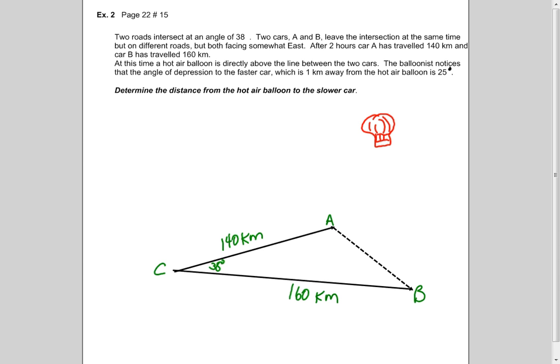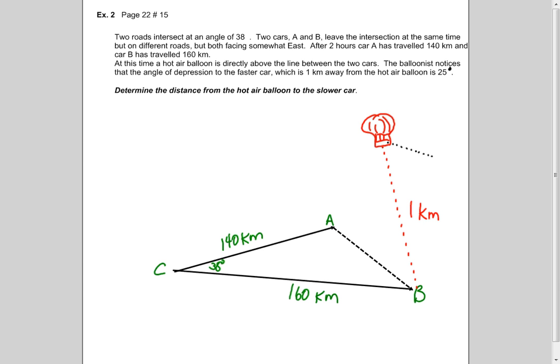Now it appears to me that the faster car is car B, and the distance between the balloon and the faster car is 1 kilometer. And his angle of depression to the faster car. It's very hard to draw this in 3D, but the guy in the balloon looks horizontally, in other words, into the horizon.